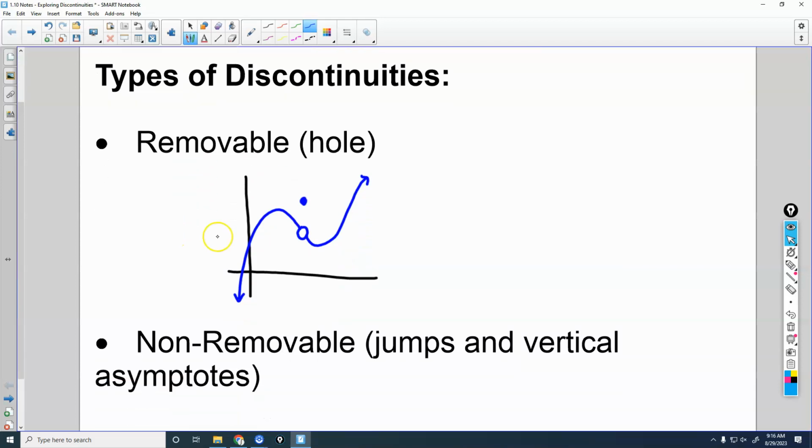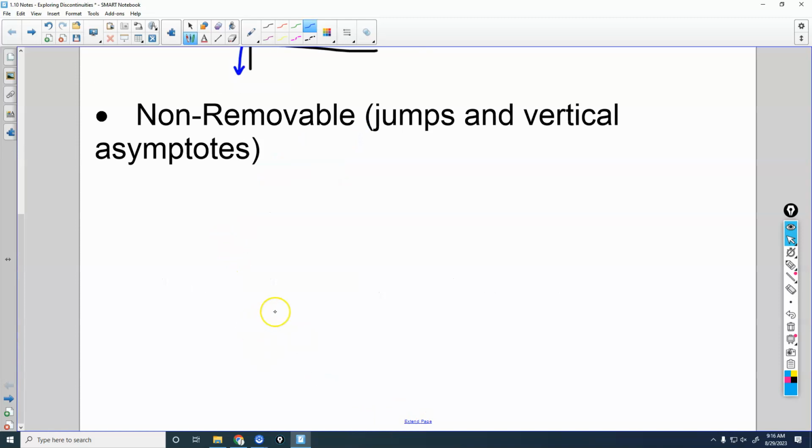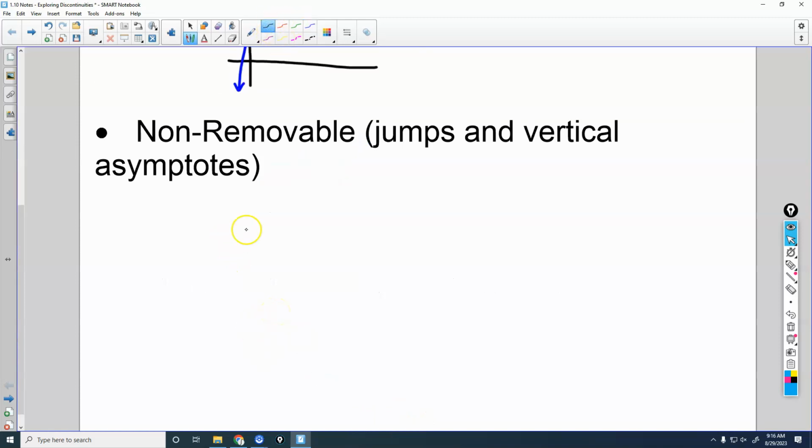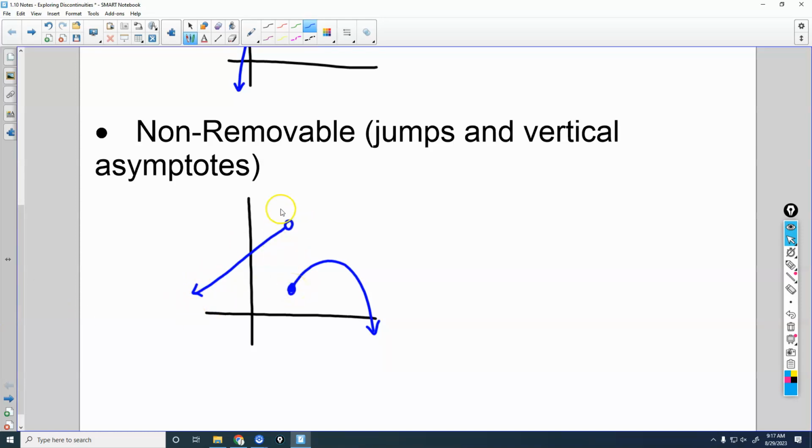Okay. Non-removable discontinuities are going to be found as either jumps in the graph, so it might be something like this, where you are traveling along and you jump from one graph to another, teleportation here, or they can be vertical asymptotes, which could look like this.